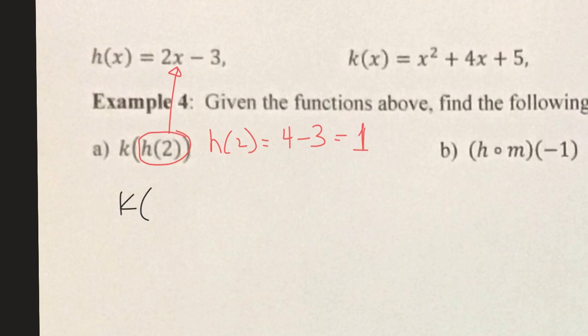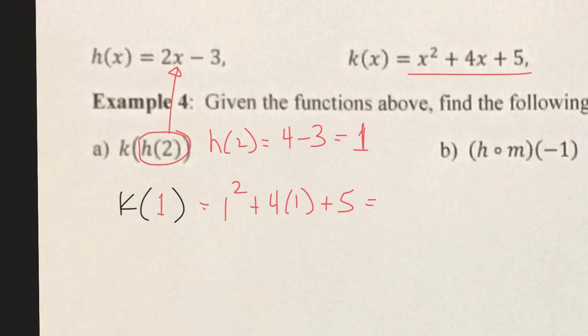So I'm really looking for what is k of 1. So here's my k equation. So 1 squared plus 4 times 1 plus 5 is 10. Right, because this is 1 plus 4 plus 5. 1 plus 4 plus 5 is 10.